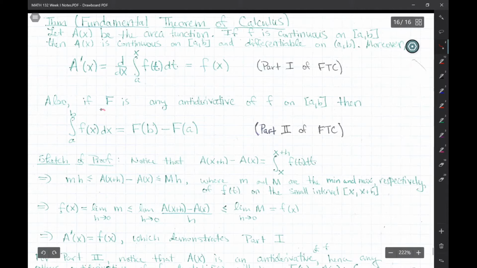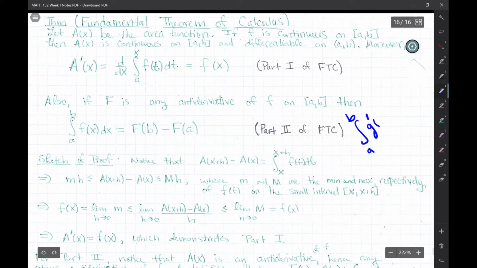Also, if F is any antiderivative of the function lowercase f, then the integral of this function is equal to the difference of the antiderivative from a to b. Another way to write this is the following. I'll use a different function.